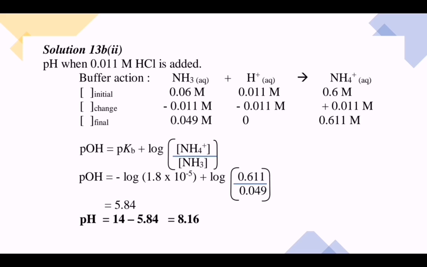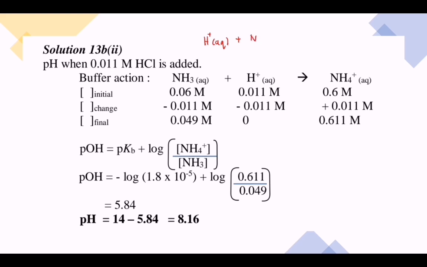For B2, how the pH changes when 0.011 molar of HCl is added. So first identify which component of the buffer solution H+ will react with. So H+ is an acid. So it will react with the base in the buffer solution.